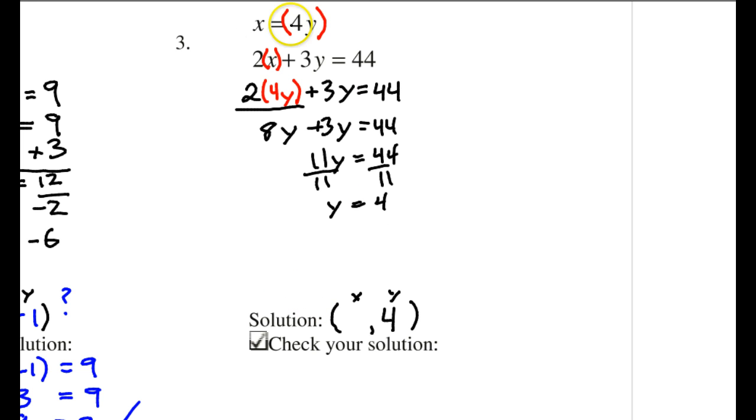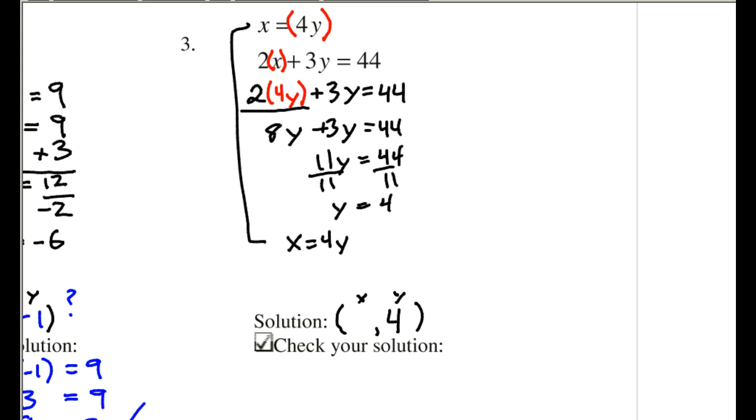Okay? So now, unlike before, we don't have just x equals an answer up top, but we do have this formula. So we see that x equals 4y, right? But now we know y equals 4. Right? So we can take 4, substitute it right here. So x equals 16.